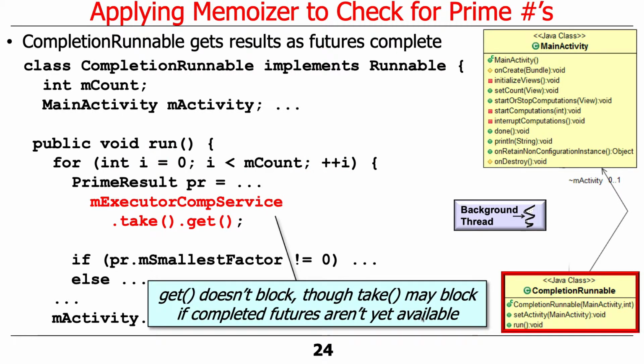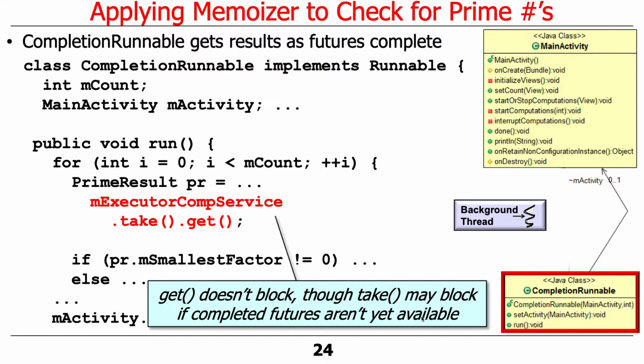And at every step along the way we say, hey, executor completion service, please block until there's something for me to deal with. So this background thread is saying, please block until there's a future that's completed. And notice that when take returns, we know we've got ourselves a completed future, because that's its whole purpose in life. You don't get anything back from it until there's something there.